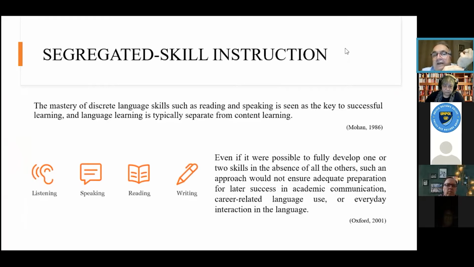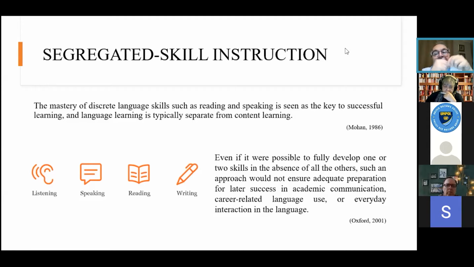But please don't forget that when we talk about language learning and teaching, if you separate this process from content, that means your teaching becomes aimless. So even if it were possible to fully develop 1 or 2 skills in the absence of all the others, such an approach would not ensure adequate preparation for later success, or for effective interaction in our actual classroom environment.